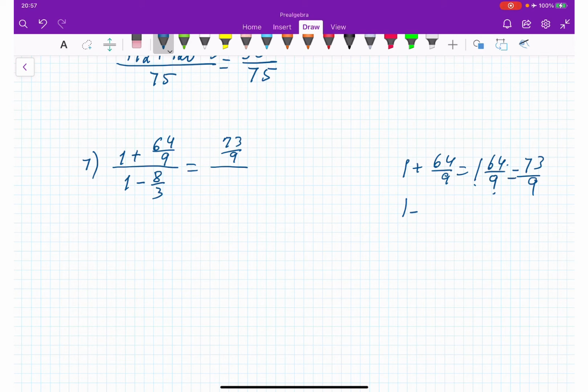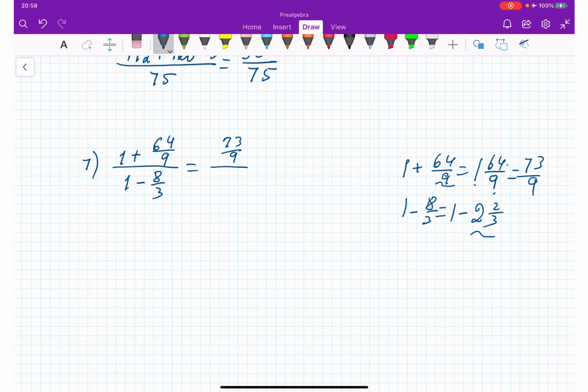Next, 1 minus 8/3. So it's going to be 1 minus 2 and 2/3. Just in case you are wondering why here I didn't convert to improper, but in this case I'm converting because this is subtraction, so I have to take care of it.